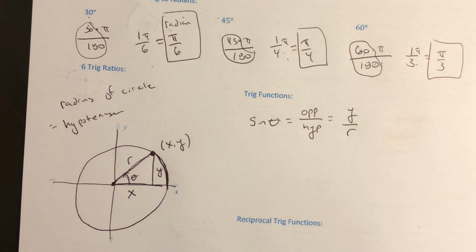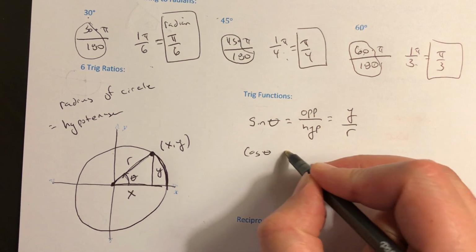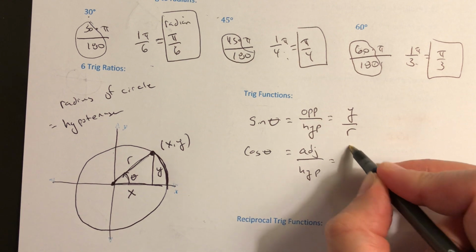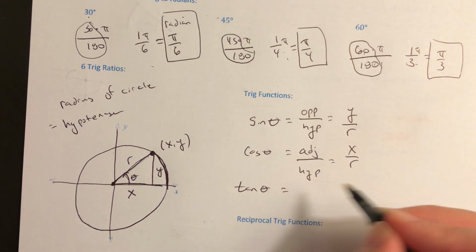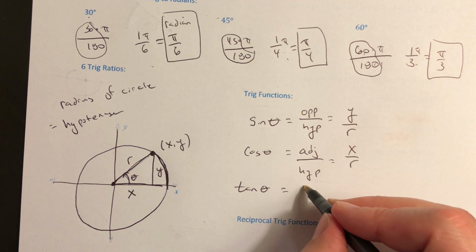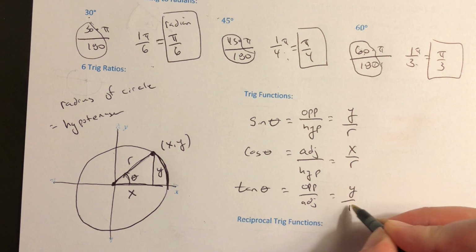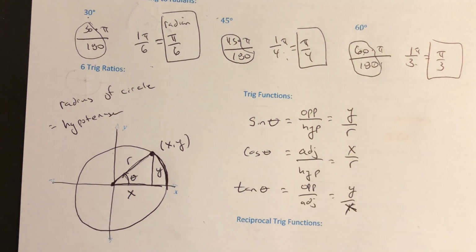So cosine, back to our ratios, is adjacent over hypotenuse, which is x over r. And then our tangent theta is equal to opposite over adjacent, which is y over x. Those are the 3 that we worked on last week.